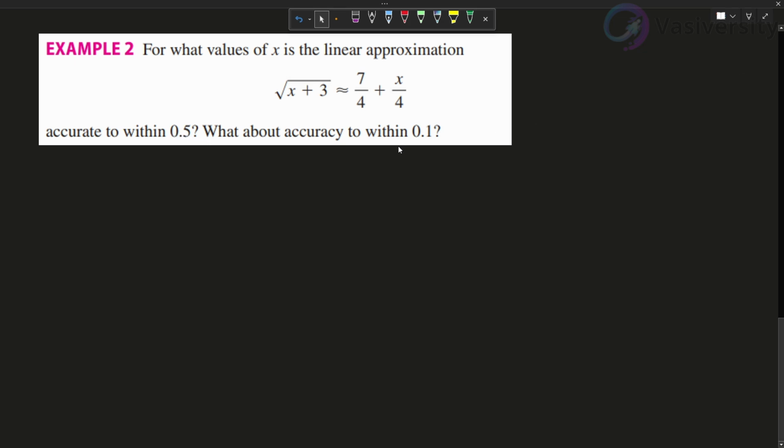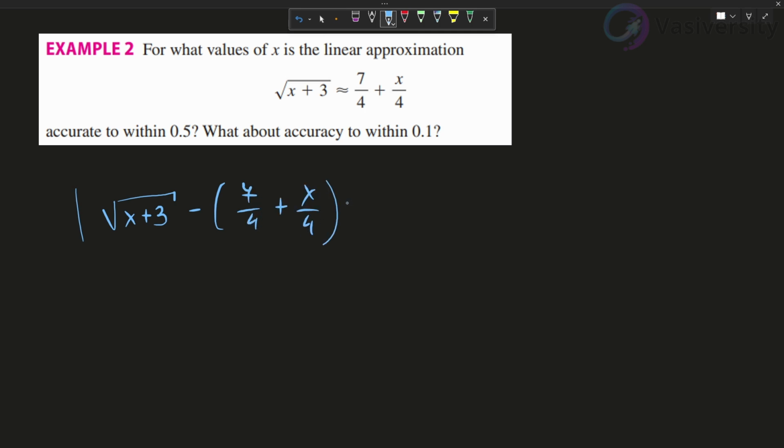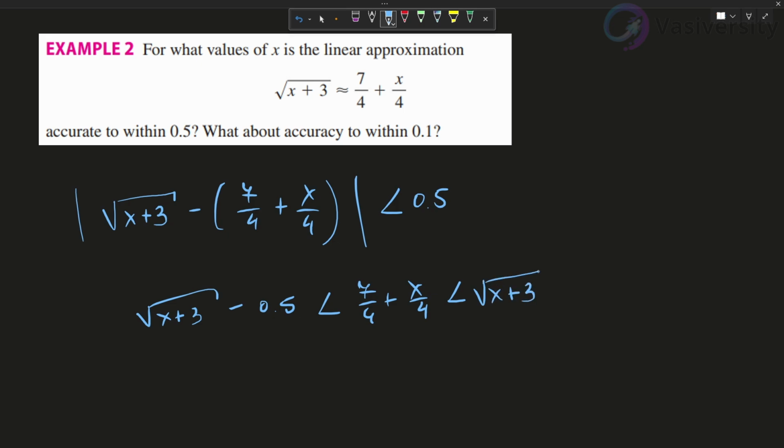So essentially, we can write it as the absolute value of square root of x plus 3 minus 7/4 plus x over 4 less than 0.5. That is equivalent to square root of x plus 3 minus 0.5 less than 7 over 4 plus x over 4 less than square root of x plus 3 plus 0.5.